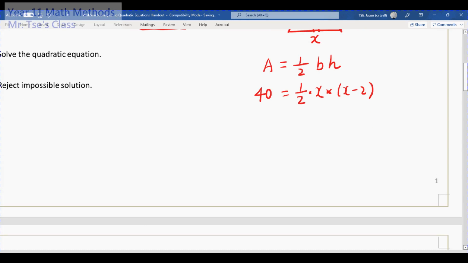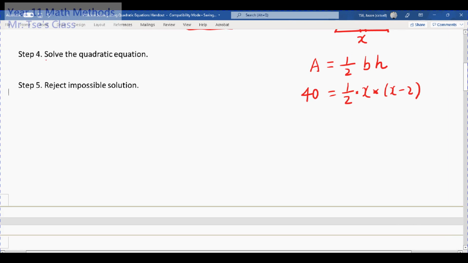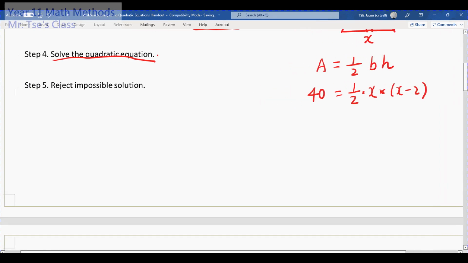Okay, then how can we solve this quadratic equation? First of all, if you observe, the equation is not in the general quadratic equation form, so you try to get it into that form. What do we mean by general quadratic equation form?